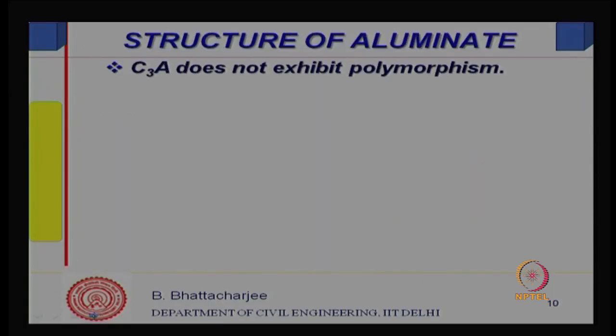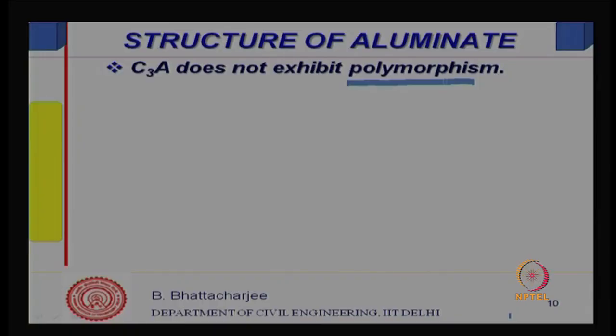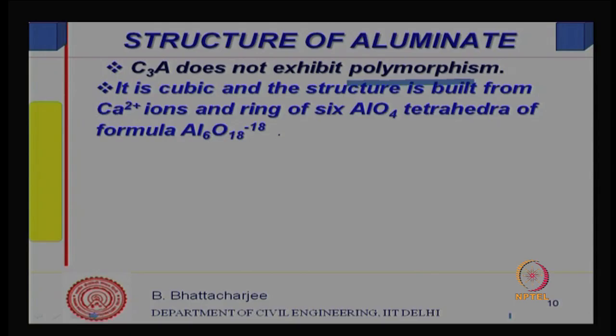If we look at the structure of aluminate, it has got one difference: it does not exhibit polymorphism. It has got a cubic structure of Al6O18 with an 18 negative valency ion. So, the cubic structure is built from calcium ions and rings of 6 AlO4 tetrahedra of this formula.